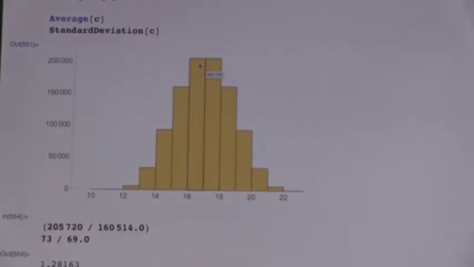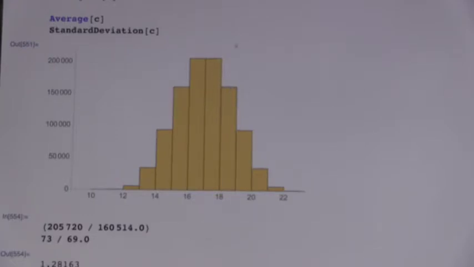They both appeared just about 205,000 times, and 206,000 times. 15 and 18, 160,000 times. 14 and 19, about 93,000 times. 13, 34,000 times. 20, 34,000 times. 12, about 6,000 times. 11, 243 times. Same with 22. 10 only appeared 3 times. I guess it's not very likely that you're going to get 10. It's your number that reaches first.